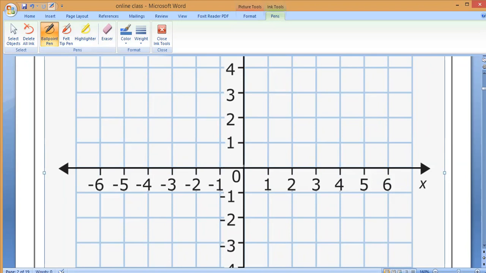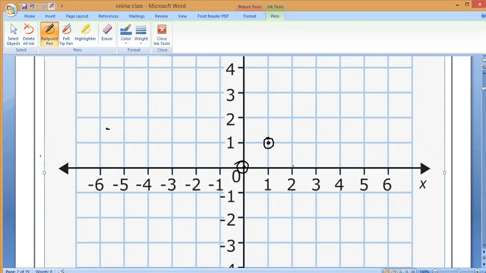Second point: x-axis 1, y-axis 1, so 1 comma 1. Next point, 2 comma 8.